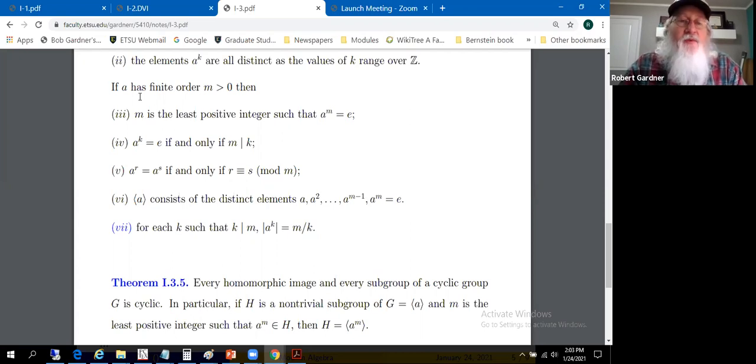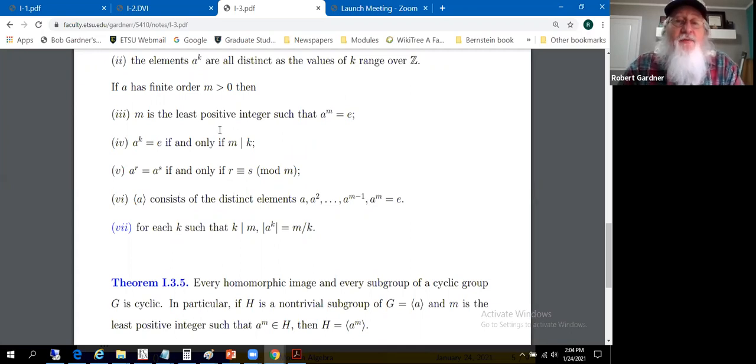M, the order of element A, is the least positive integer such that A to the M equals the identity. All right, least positive integer, of course, A to the 0 equals the identity. We just talked about that. The least positive integer for which A to the M equals the identity equals the order of that element as well.